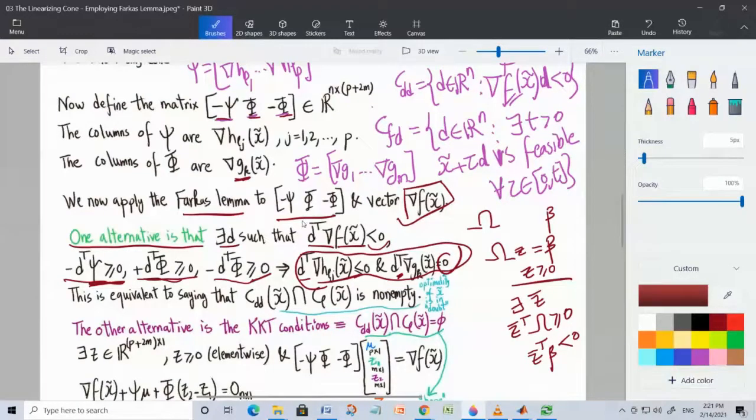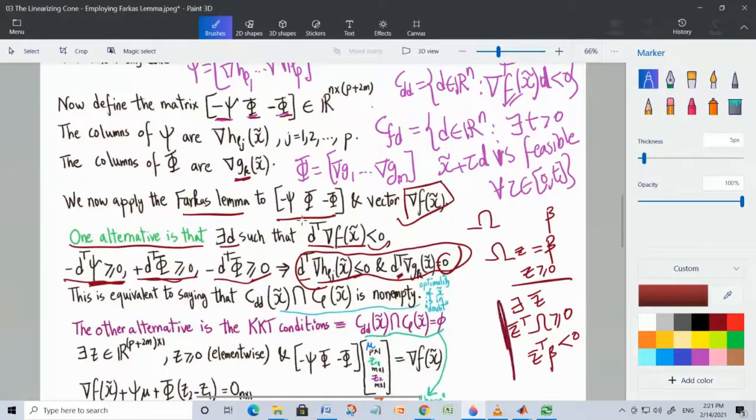The inner product of the directions with the gradients of the G functions is 0, and with the gradients of the H functions is less than or equal to 0, so long as we are talking about the active inequality constraints. That's exactly the definition of somebody living in the linearizing cone.